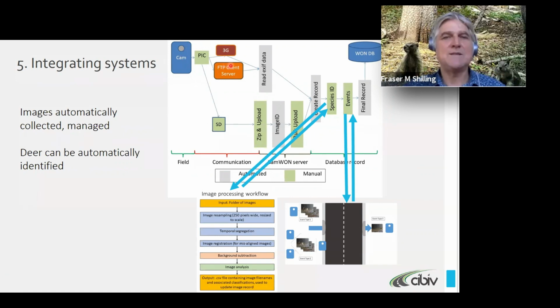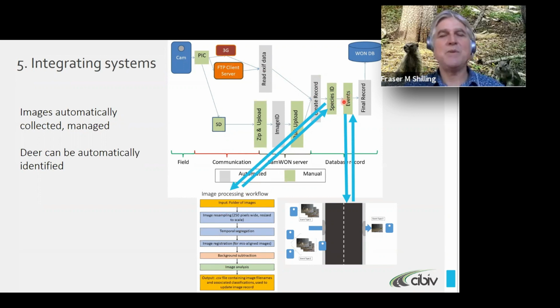It automatically sends those through a cell or Wi-Fi network, which creates a record in the database. You might have a species identification tool over here, where you take those images and process them to identify the species, and then send that back to the database. Now you know what species are contained in the images.